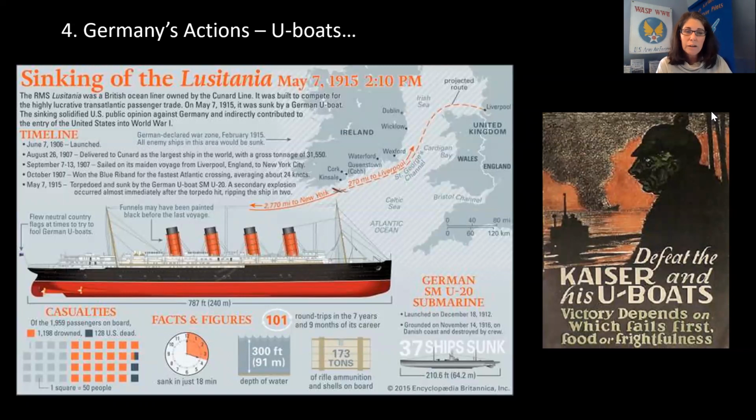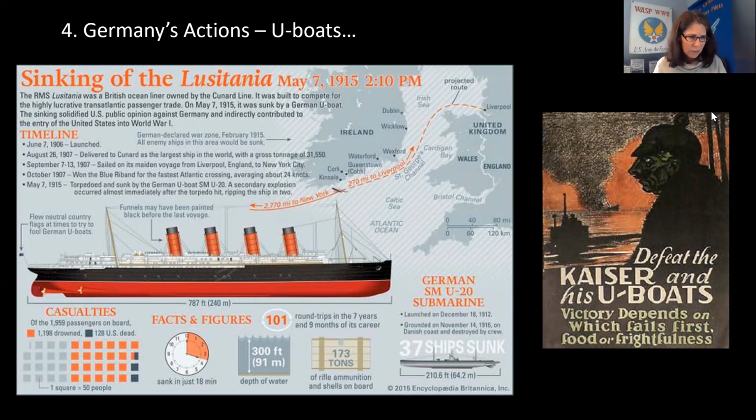So they ended their unrestricted submarine warfare, which meant they were sinking whoever they wanted to. Well, after Wilson's letter, they said, okay, we won't anymore. Then in January of 1917, a year and a half after this was sunk, a year and a half after they had agreed to not sink these ships in unrestricted submarine warfare, the Germans announced that they would be returning to that unrestricted submarine warfare. They would sink anybody that wasn't flying a German flag or ally of Germany flag.